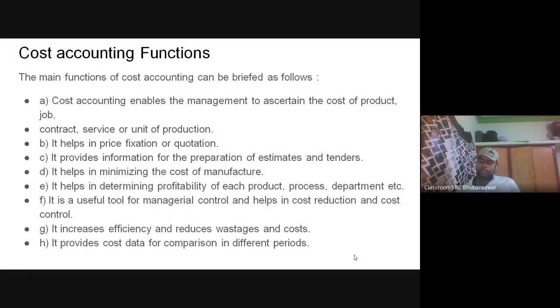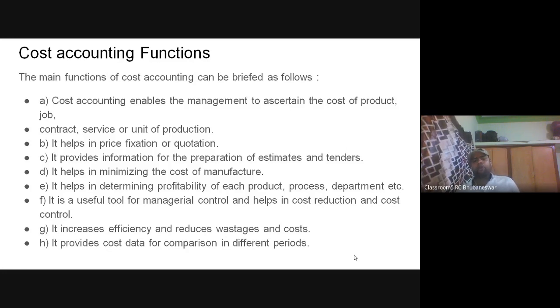So the efficiency of the employees, the efficiency of the management, and the efficiency of the entire organization increases through the help of this particular one, because it keeps record of each and every aspect of the organization. So efficiency increases, and the wastage of materials and theft inside the storehouse, everything can be reduced.